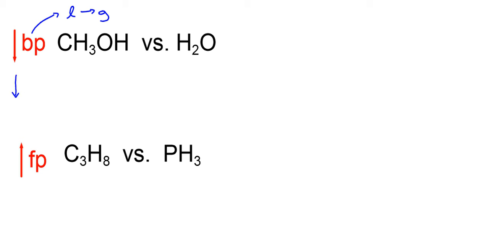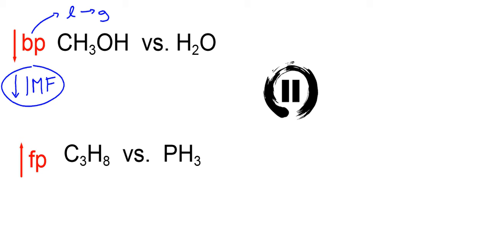So I am looking for the weaker IMF. Okay, so I'd like you to pause the video right now and identify what IMFs are present between each molecule, and then which one would apply to having the lower boiling point.